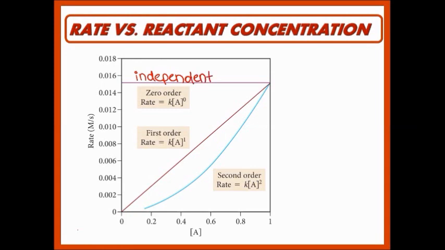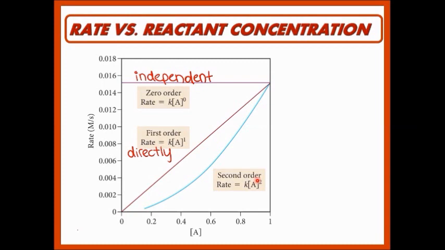Now if we look at a first order reaction, rate is equal to the rate constant times the concentration of that reactant, and we can see a direct linear relationship. So the reaction rate is directly related to reactant concentration.